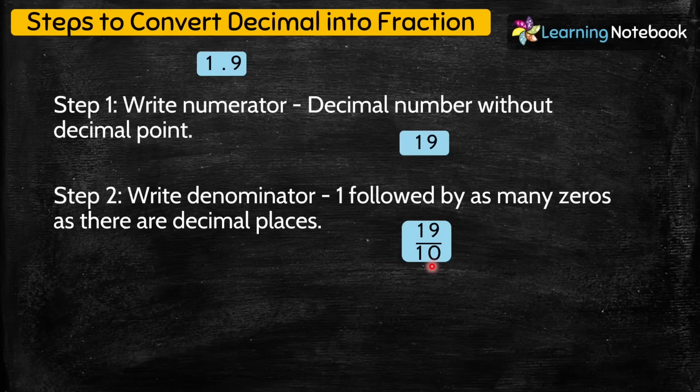So we get the denominator of the fraction as 10. So we have converted the given decimal into the fraction 19 upon 10. And in step 3, we will simplify if required. But here we are not going to simplify it because there is no common factor between numerator and denominator.